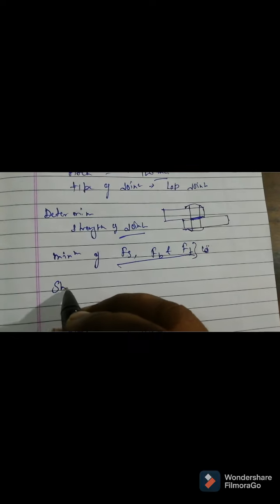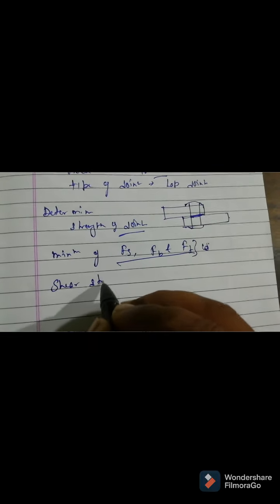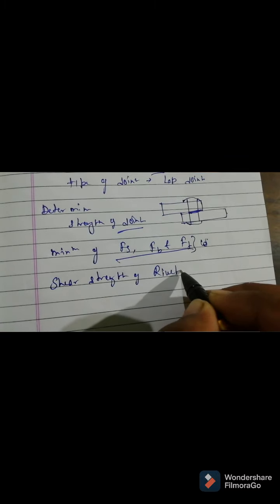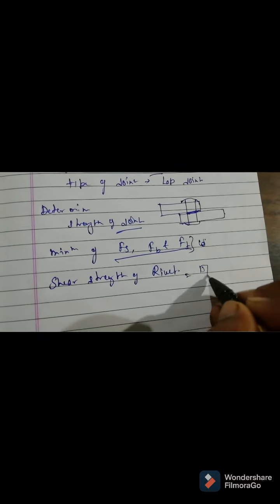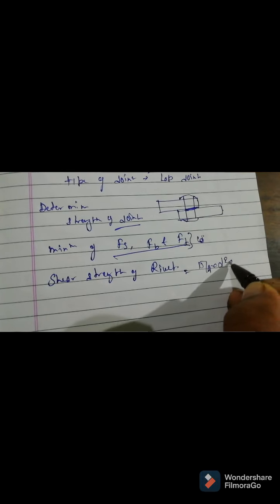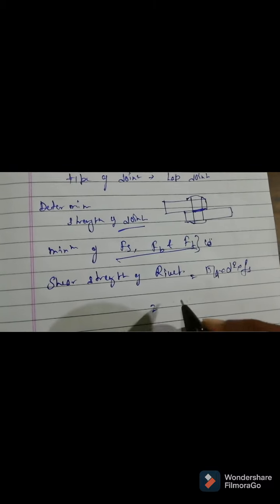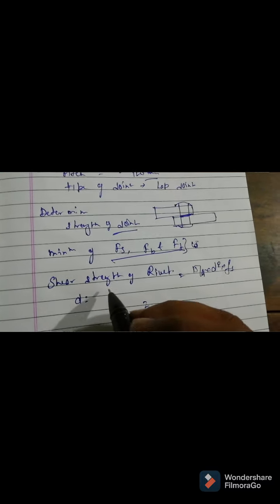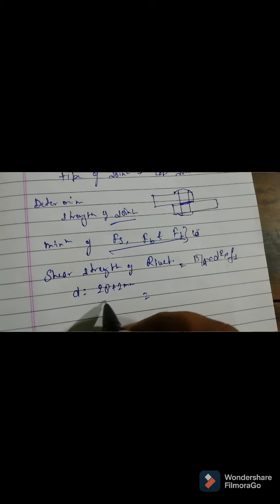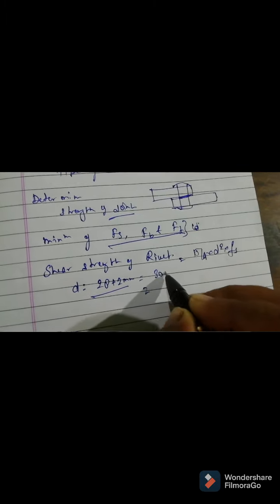First, shear strength of rivet. Shear strength of rivet is pi by 4 into d square into Fs. Here Fs has been given equal to 90. Now d equals, how much will it be? 28 mm is given, so 28 plus 2 mm, that equals 30 mm.